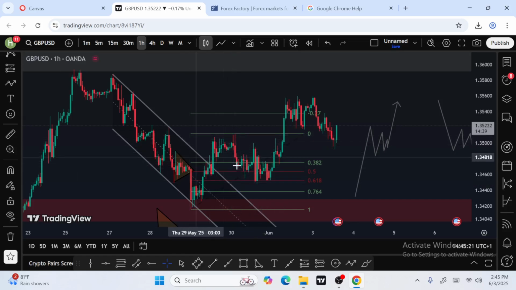And it came all the way down to the same height of this pattern, coming down to the 50 to 61.8% fib level, and it starts going all the way up. Now, when it went up, it gets to what? Minus 0.27.